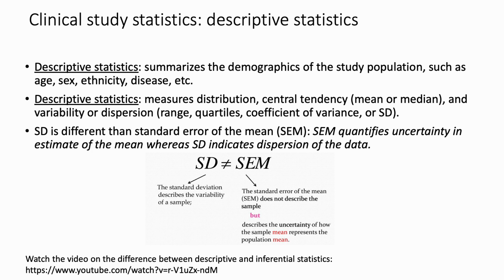But talking about why or how we are going to use these different measurements, again, in descriptive statistics, we summarize the demographics of the study population. And in order to look at that, I'm going to go over, again, the descriptive statistics in the next slide.